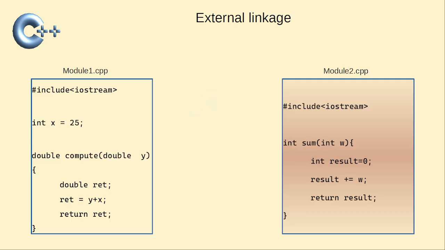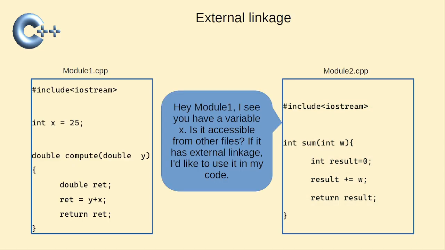Module 2 has a function sum, receiving int type data, adding it to a variable called result and returning the result. Now suppose module 2 wants to use the variable x defined in module 1, and it asks, hey module 1, I see you have a variable x, is it accessible from other files?